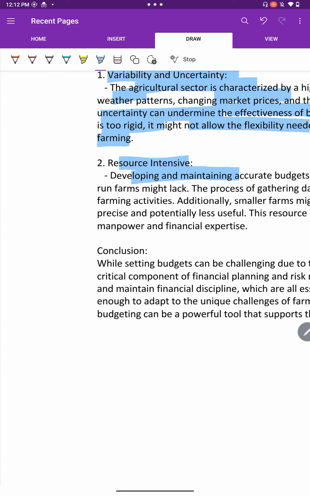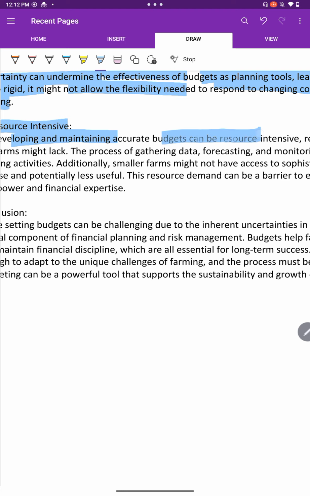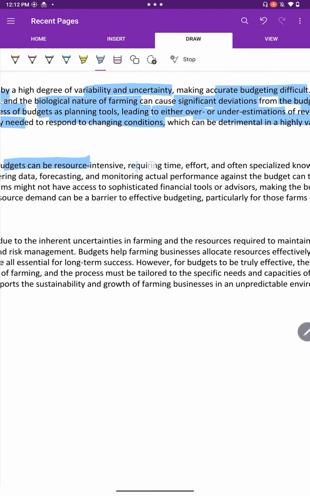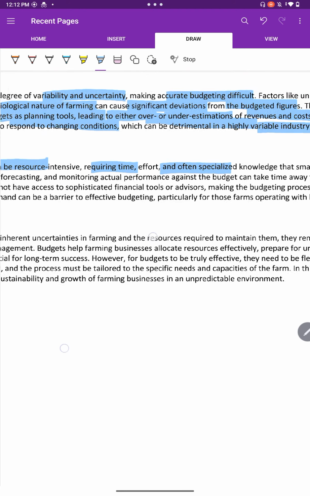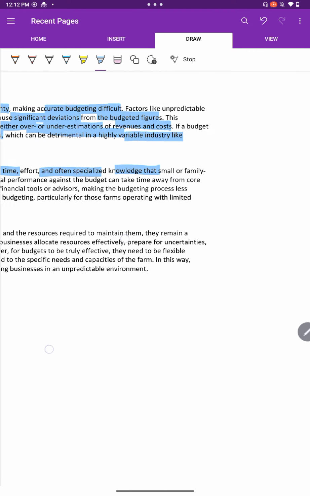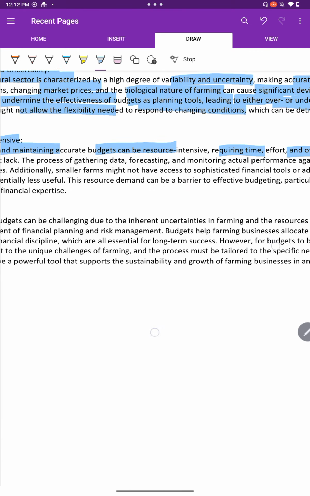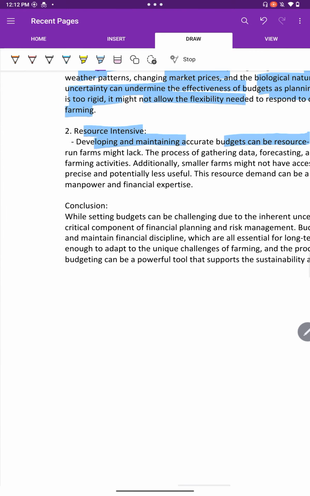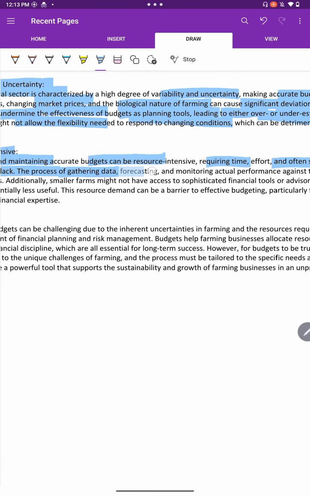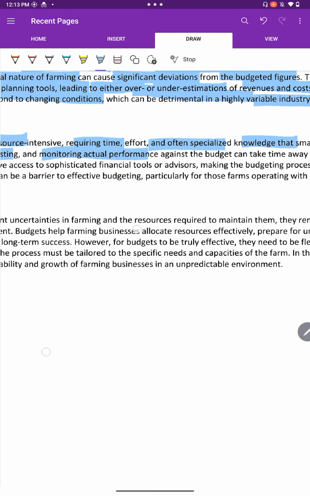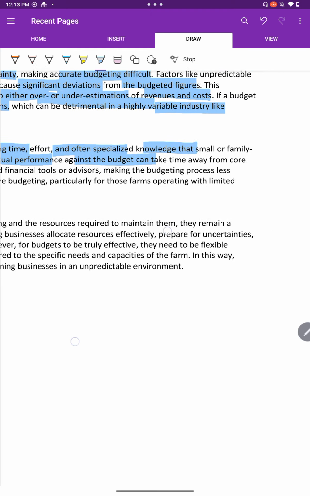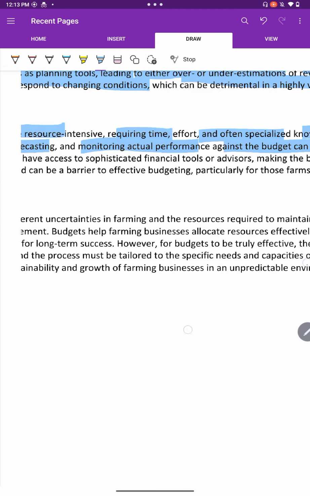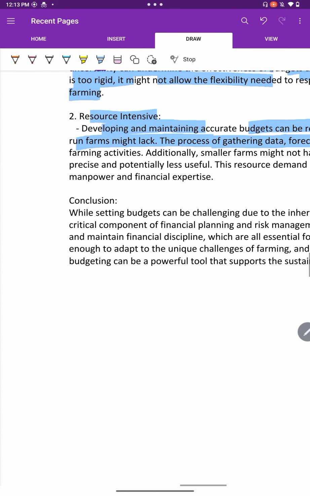Developing and maintaining accurate budgets is resource intensive, requiring time, effort, and often specialized knowledge that small or family-run farmers might lack. The process of gathering data, forecasting, and monitoring actual performance against the budget can take time away from core farming activities.